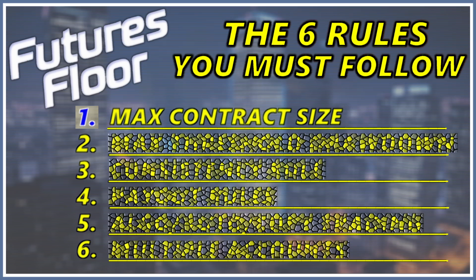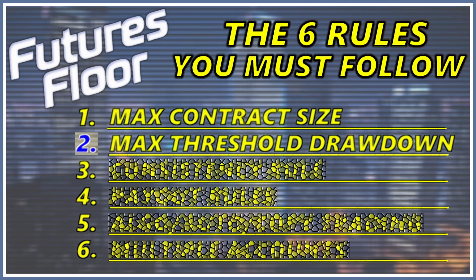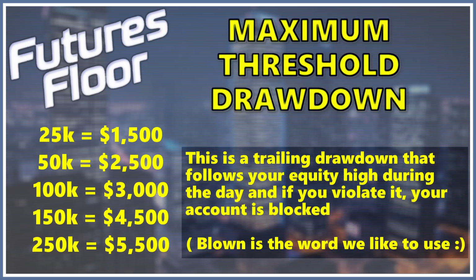Must know rule number 2. Max threshold drawdown. This is also known as the trailing drawdown. 25K, $1,500. 50K, $2,500. The 100K is $3,000. The 150K is $4,500.